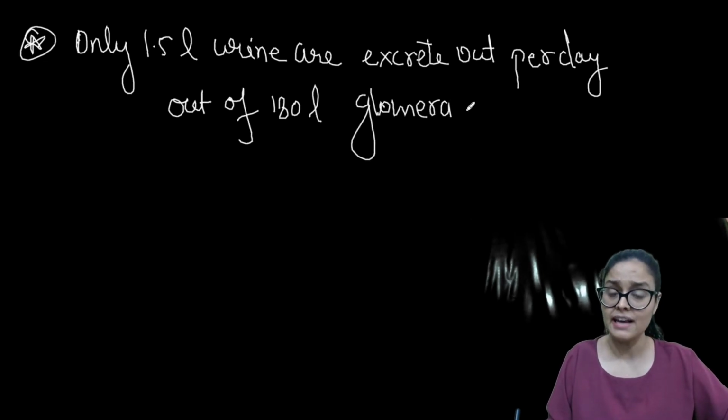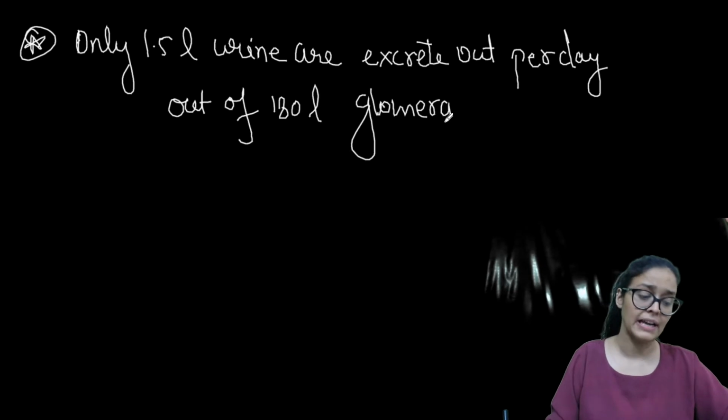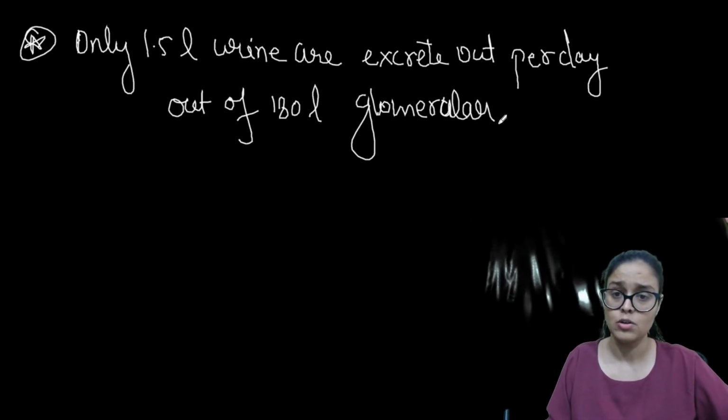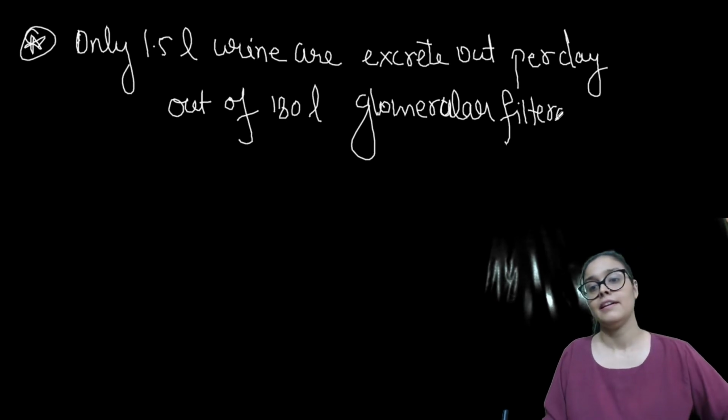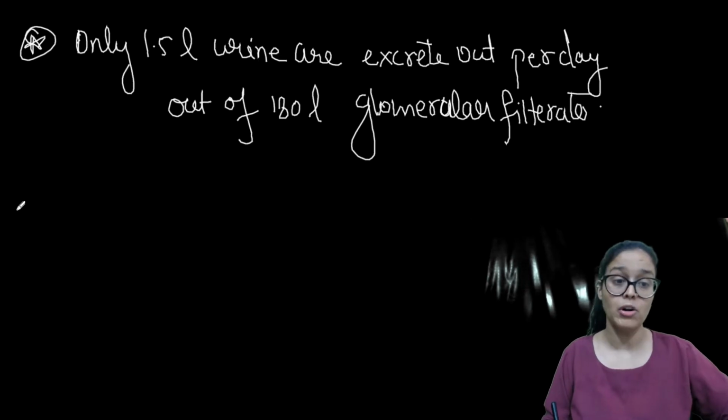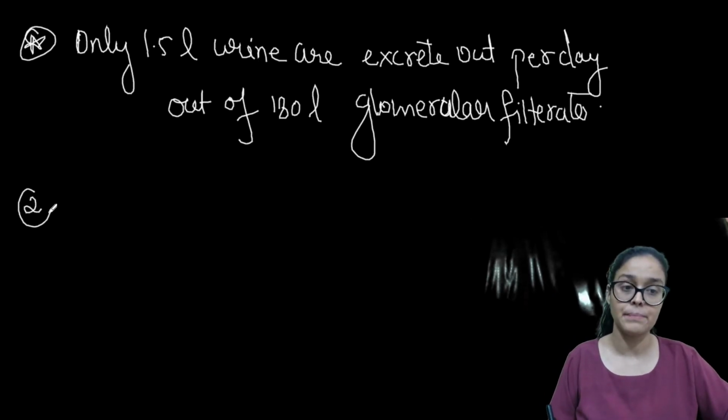So obviously so much glomerular filtrate is formed, but out of that about 99% gets reabsorbed back in the body, right? So that's all about reabsorption. So, reabsorption is very important here, and you have to remember where this happens.